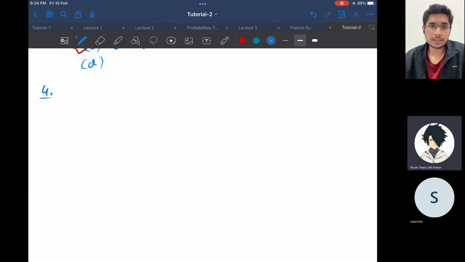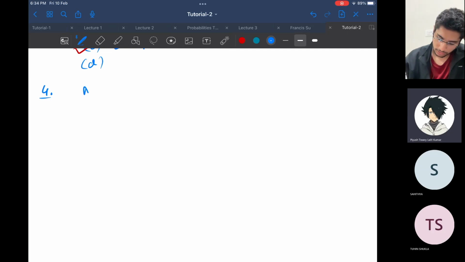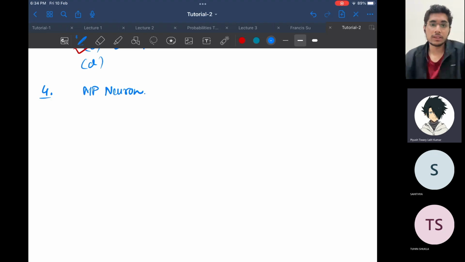Okay, so the fourth question is that you have an MP neuron which takes x1, x2, x3, x4 as inputs.